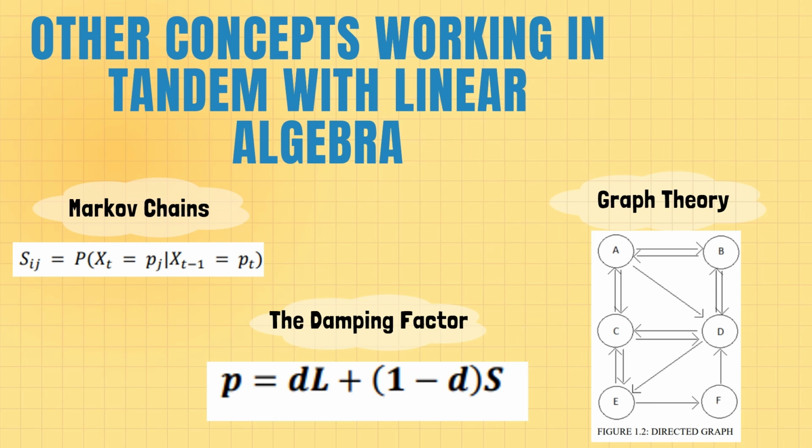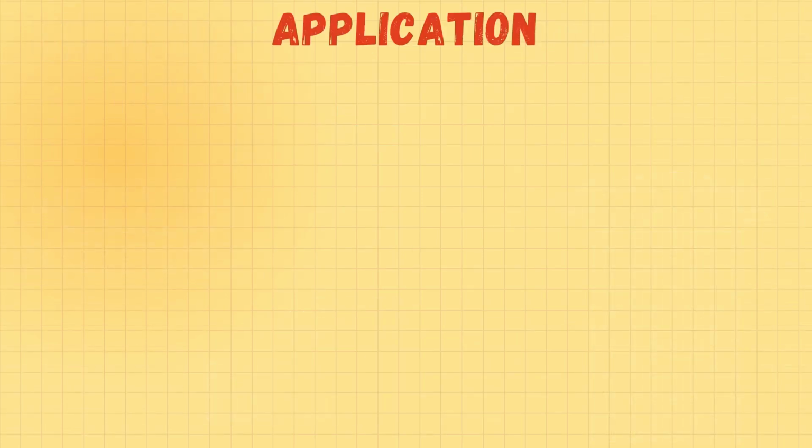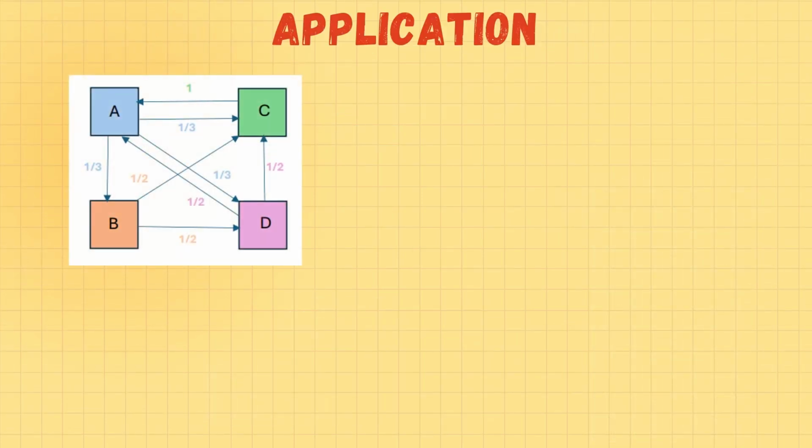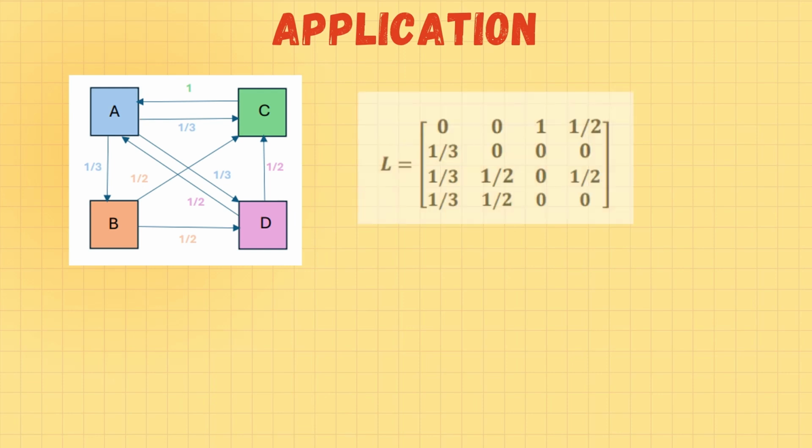Next will be the application. For the application, here we have page A, page B, page C, page D. From here we can see that we have this matrix, where the entries are 1/3, 1/2 and so on.